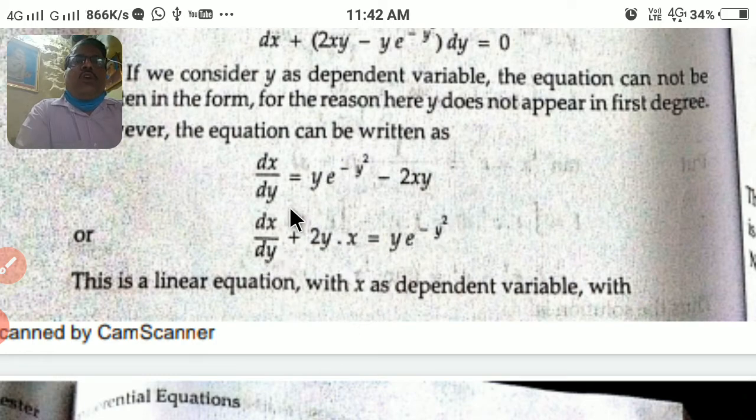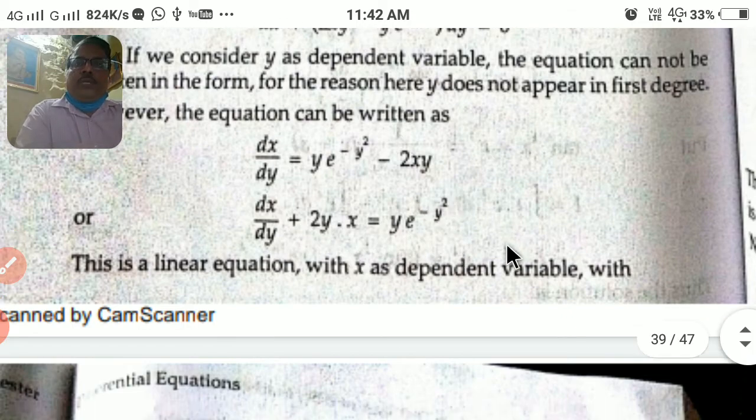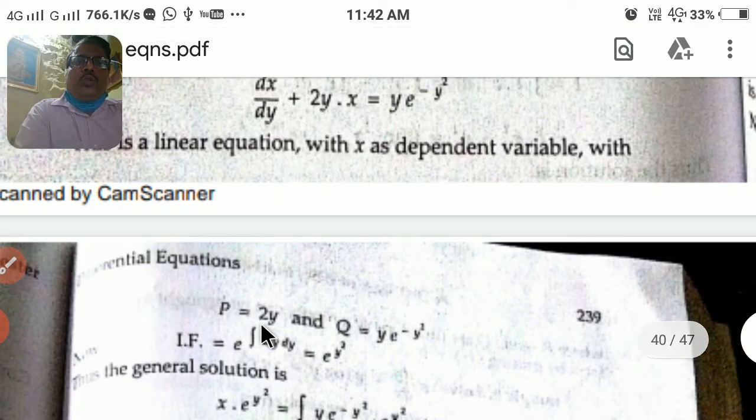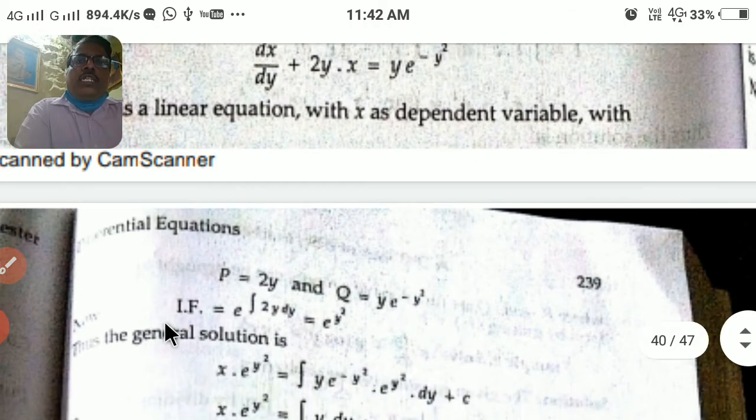Now it is of the form dx by dy plus px equal to q, where p and q are functions of y, the reverse of the earlier one. So now here p is equal to 2y and q is equal to y into e raised to minus y square.